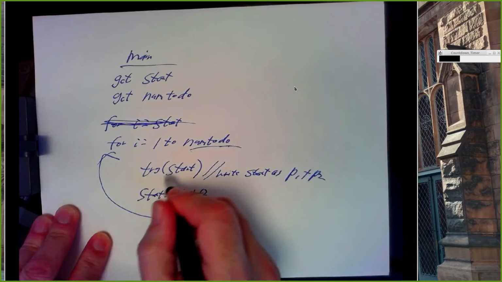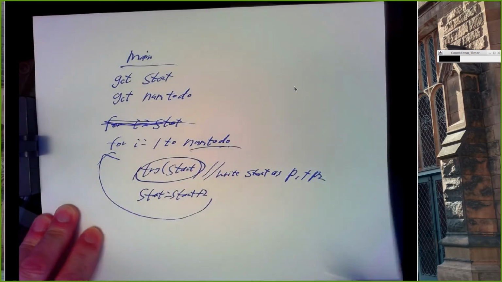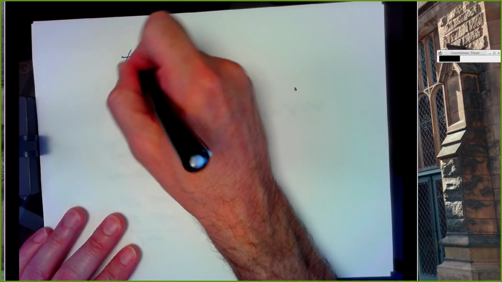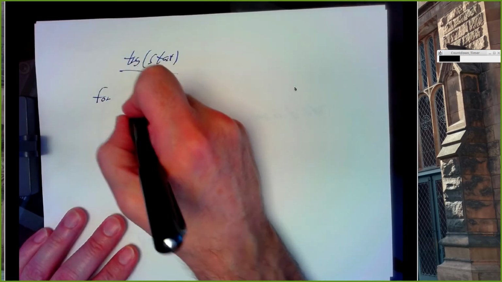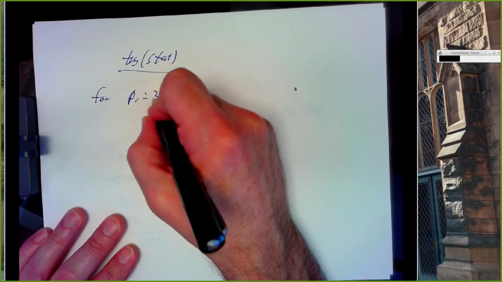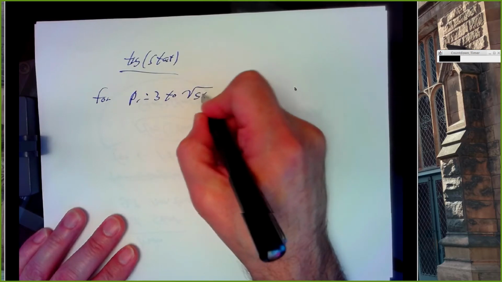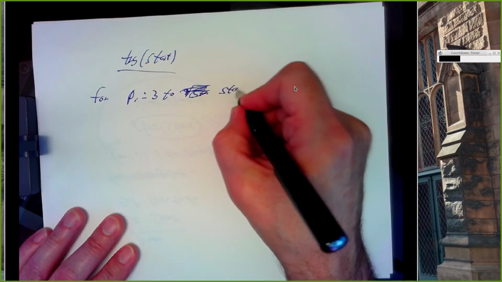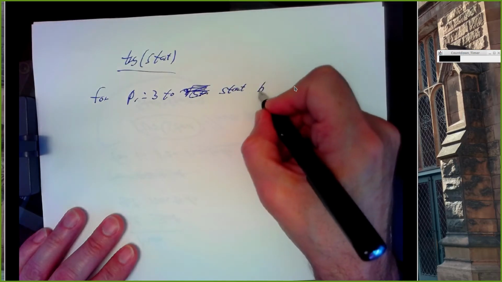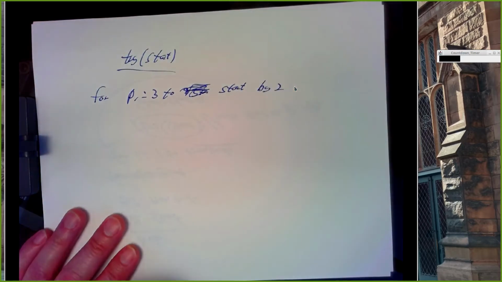Okay, how do we write this try function? How do we know if start is expressible as a sum of two primes? Make a loop.